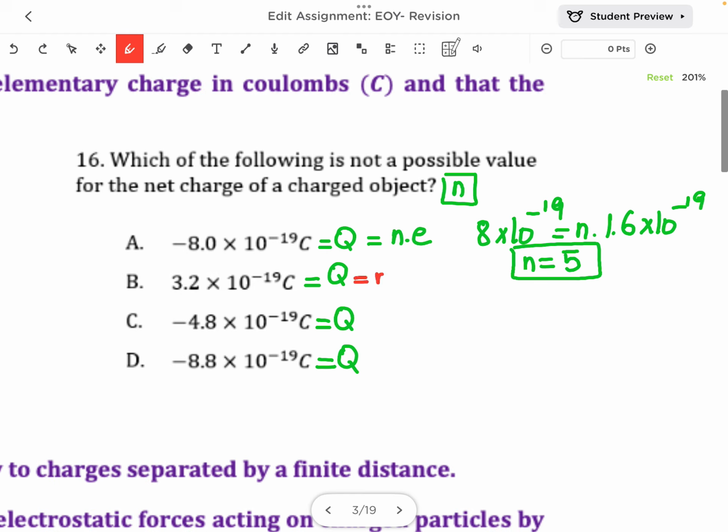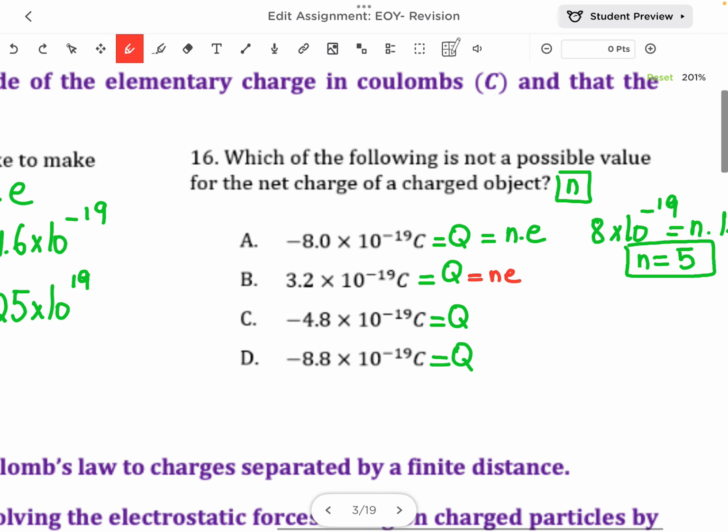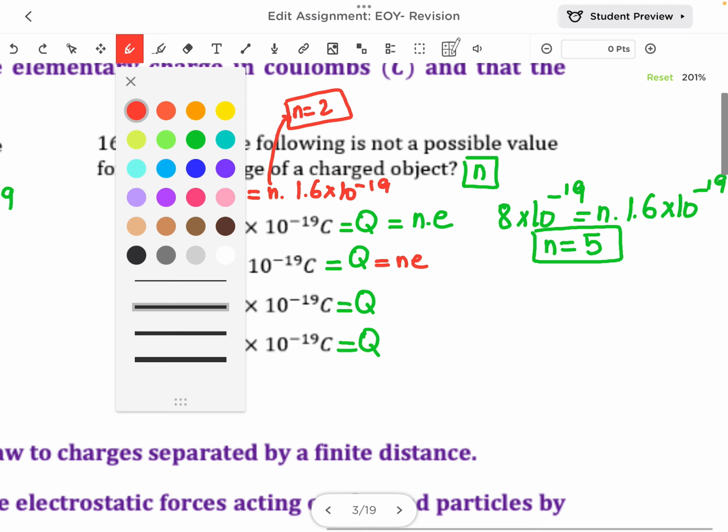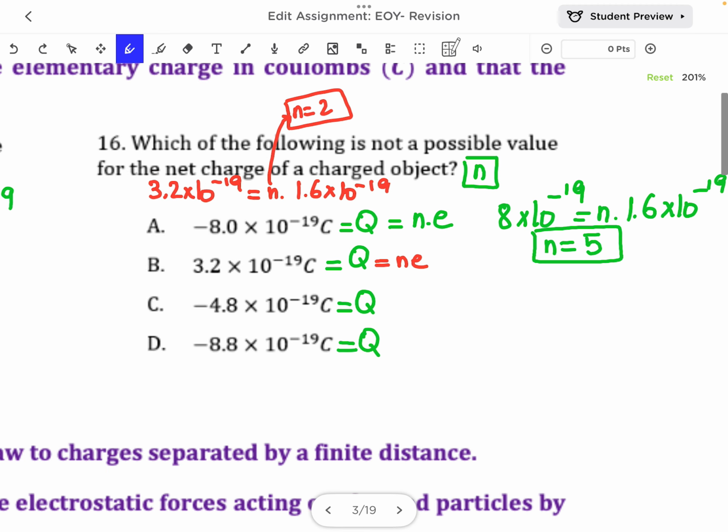Let's check the second one. Again, Q equals n e. So 3.2 × 10 to the power of negative 19 equals n × 1.6 × 10 to the power of negative 19. n equals 2. Again, it's fine. Thirdly, I'm going to go for the third.